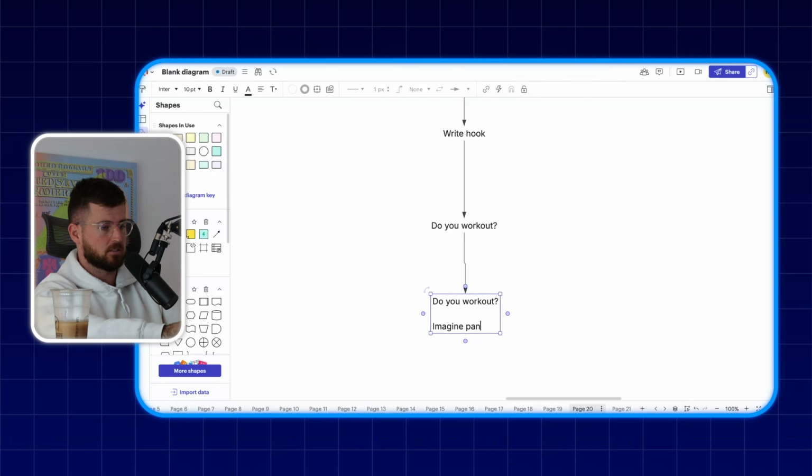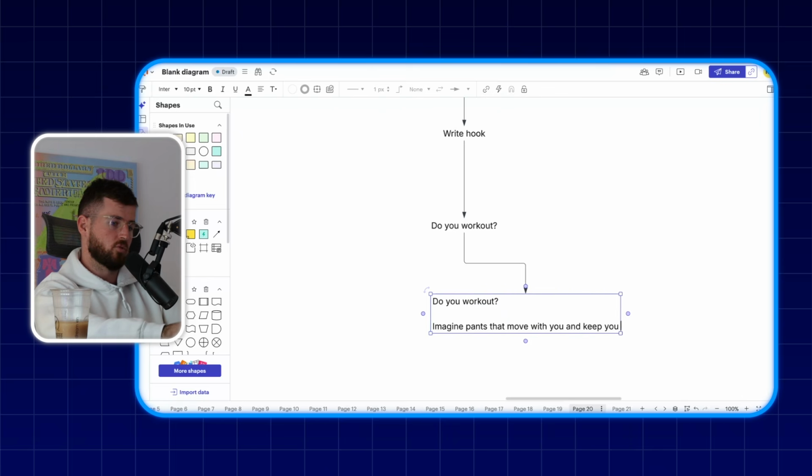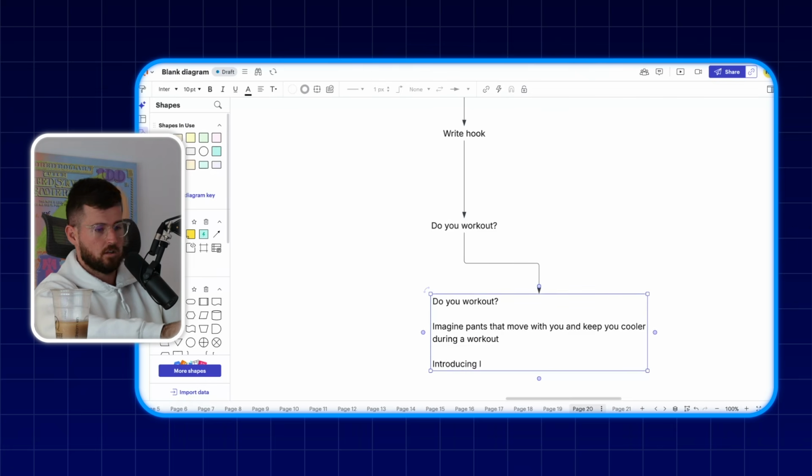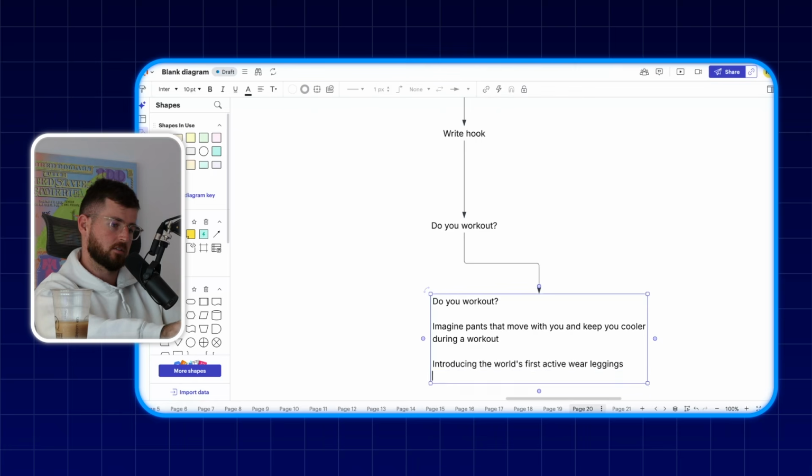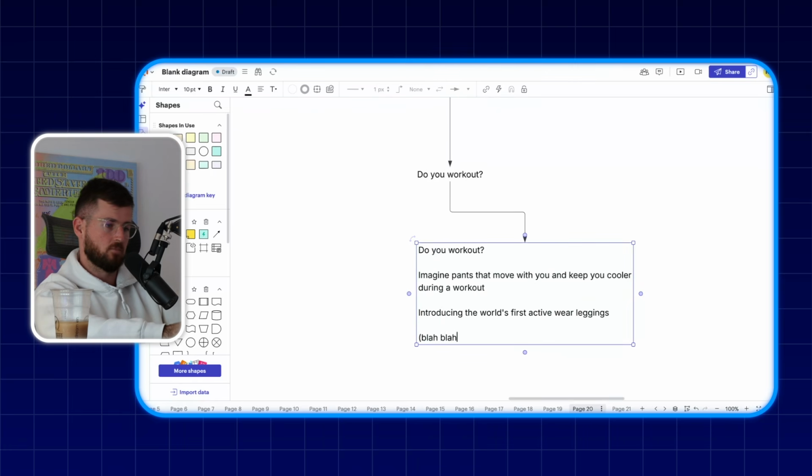Imagine pants that move with you and keep you cooler during a workout. Introducing the world's first activewear leggings, blah, blah, blah, why they are amazing. Okay.